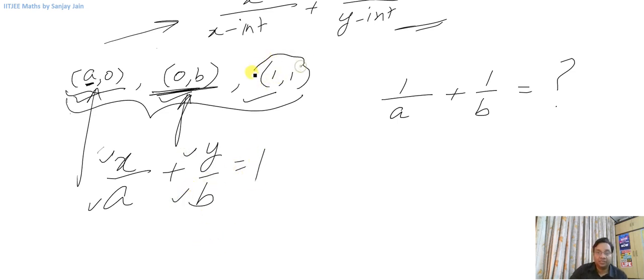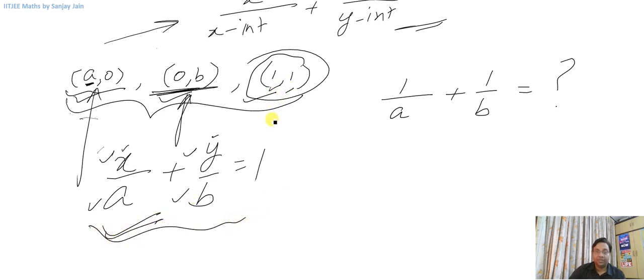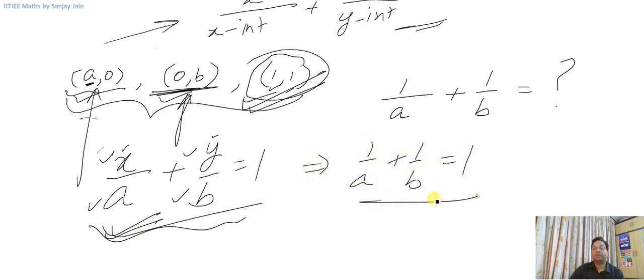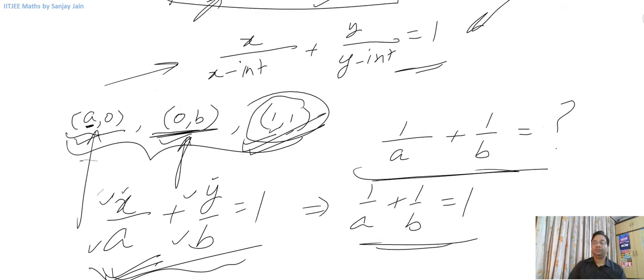Now this is a third point that is given which falls on this line, so it will satisfy this line. So if I replace this x, y with 1, 1, it will satisfy it. So now let me substitute this point in this equation. So it will become 1 by a plus 1 by b equals 1. So this is how simple it was using the intercept form. So you should always keep these forms in your mind.